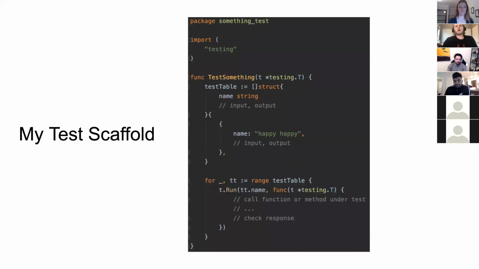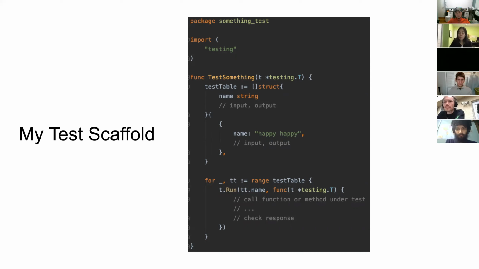Okay, so a few of you mentioned table-driven testing. And I think it was mentioned that it kind of gets ugly, and I definitely agree with that at scale. But nonetheless, I tend to do it a lot. So this is my basic test scaffold, the basic framework for a table-driven test, right?